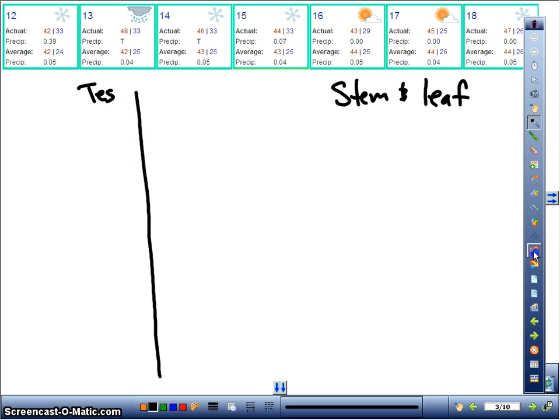Oh, not test, but tens. And then over here you put your ones digit. And what that does is it groups all of your data together, and you don't have to write like 17, 18, 19. I wouldn't have to write 1, 7, 1, 8, 1, 9. I could just write 1 and then 7, 8, 9.